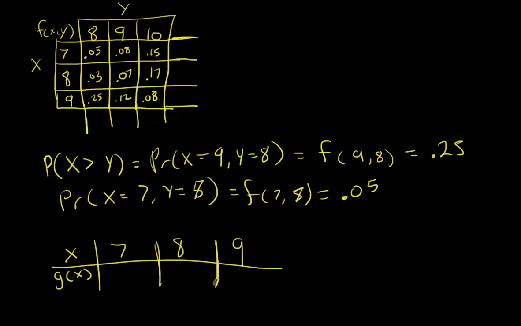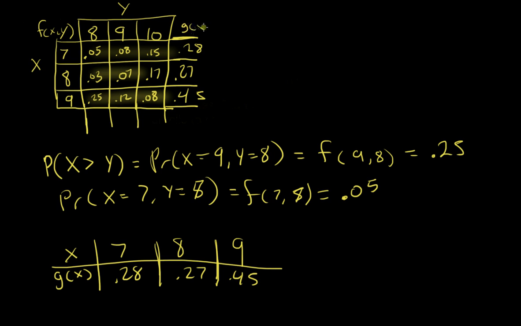For the marginal distribution function, you add this way: 0.05 plus 0.08 plus 0.15, that is 0.28. Then again, add this way. This is 0.27. And lastly, for the last row, we have 0.45. So this is 0.28, 0.27, 0.45.